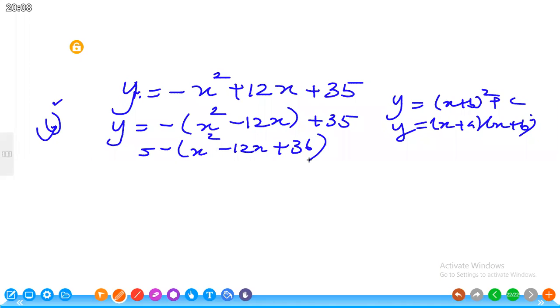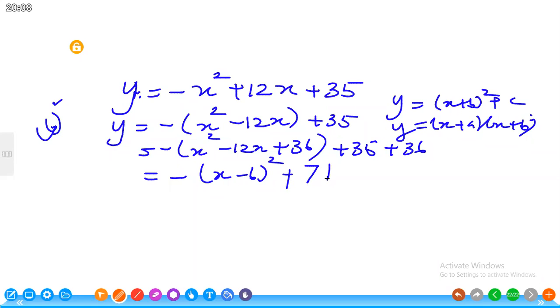Actually we subtract 36 in this equation, so you have to get rid of this 36 by adding it back. Now minus (x minus 6) holding square plus 35 plus 36, 71, right?